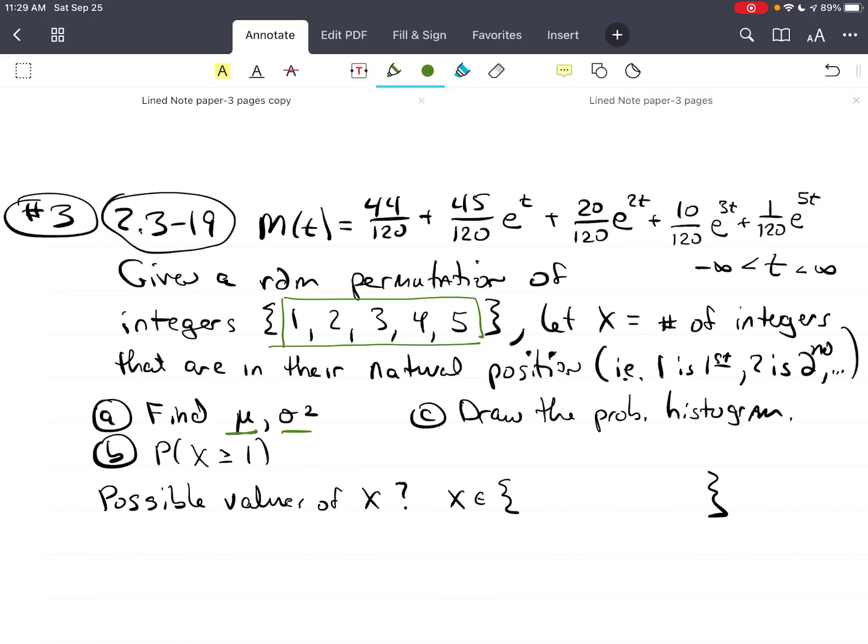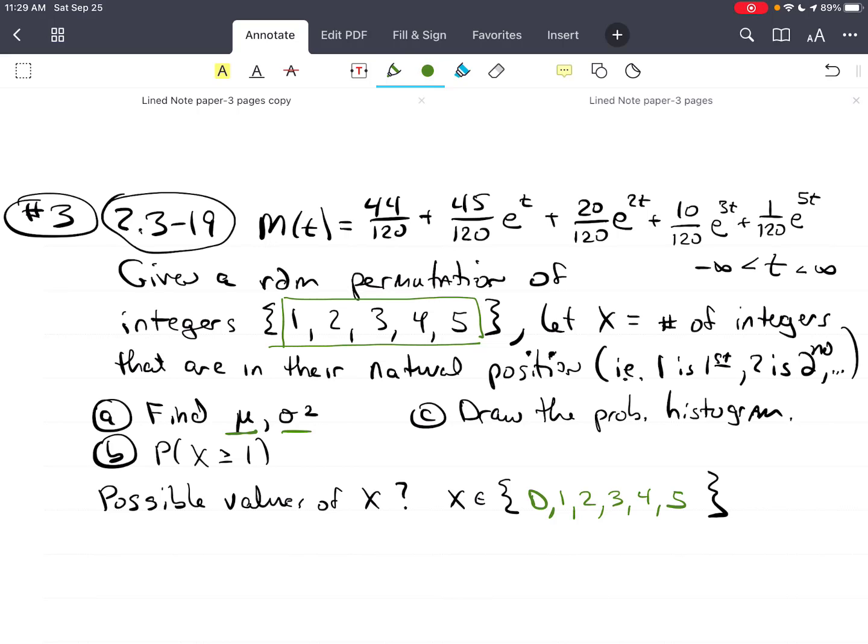So what are the possible values of x? Well, we might think that they are 0, where none of them are in the correct order. We move 5 around to the first position, and then it's out of position and all the others are out of position. Maybe we could have 1, 2, 3, 4, or 5.